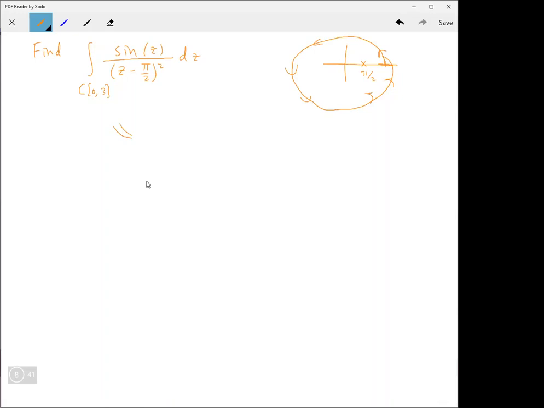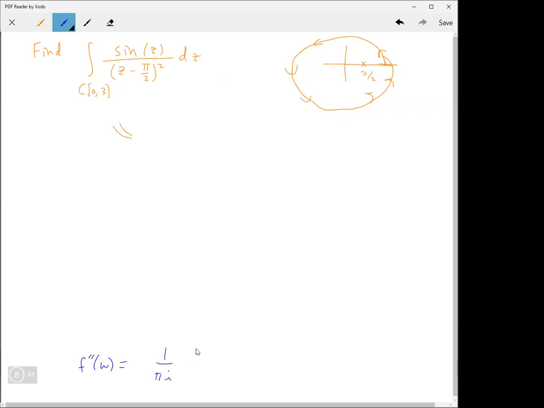Is it the first derivative or the second derivative? Okay, so if you go look at the first page, you have the second derivative of w equals 1 over pi i times the integral of f of z over z minus w cubed dz.